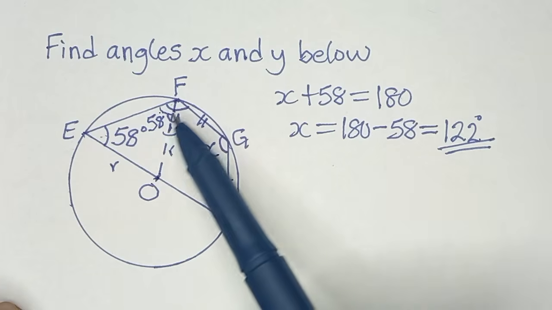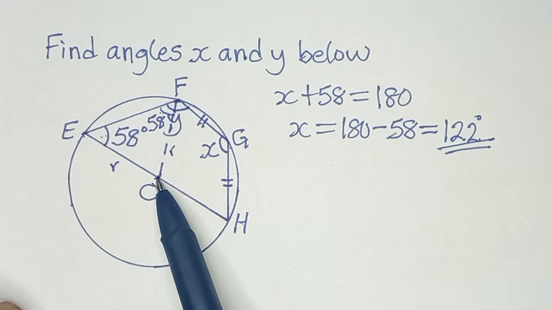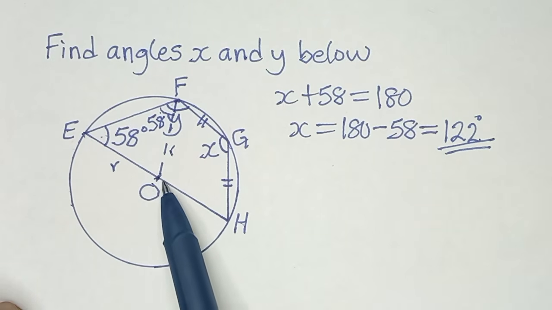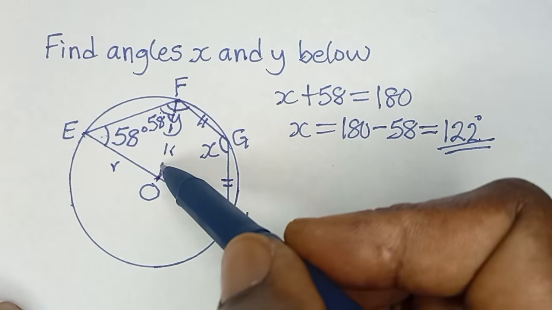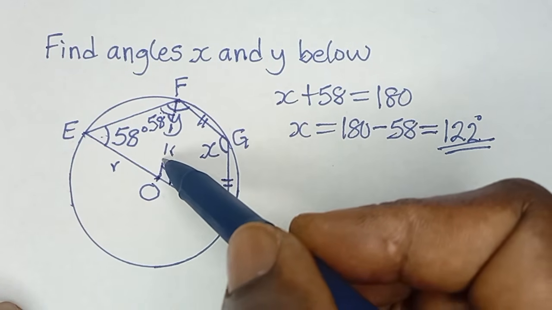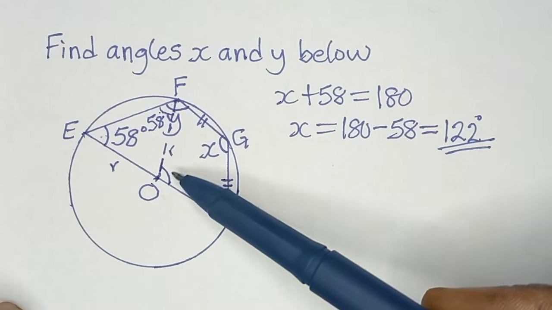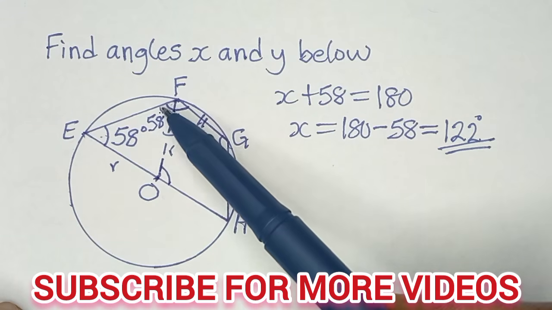Now, if this is 58, I have from this point E to the center as one side of the triangle, and then it is extended outward to give us this exterior angle of the triangle. So the theorem to remember there is that the exterior angle of a triangle is equal to the sum of the two opposite interior angles.